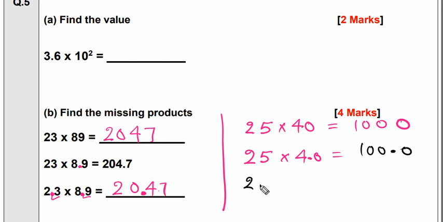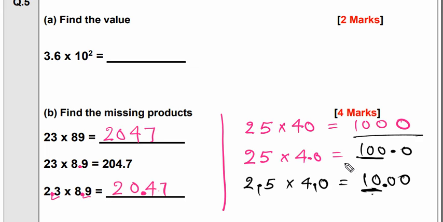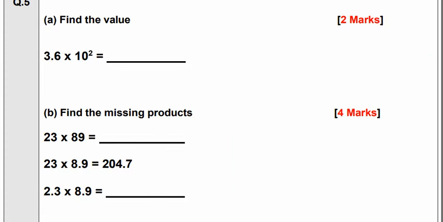If I say 2.5 times 4.0, then again there is this point and that point, so I'll use 2 places here. 10 will be your answer. So here 10, 100, 1000. Okay, I hope you understand that. Okay, let's move on to the next question.